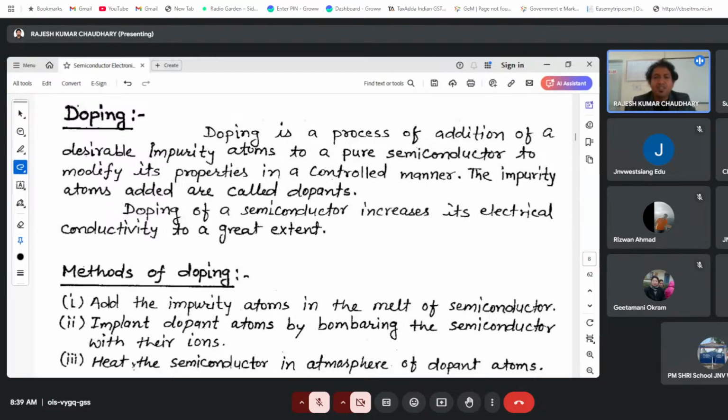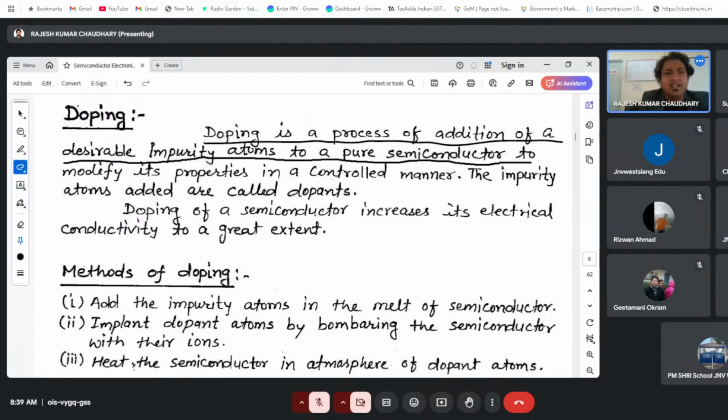Here you can see that doping is a process of addition of desirable or deliberate impurity atoms to a pure semiconductor to modify its property in a controlled manner. In what manner? Controlled manner, so that impurity should be controlled. The impurity atoms added are called dopants.